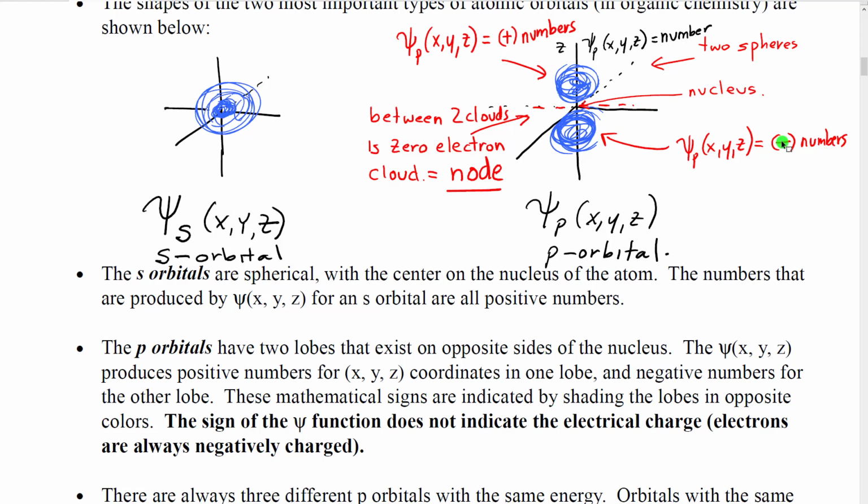In fact, because they're just locations of electrons, they're always negatively charged. The numbers instead just represent mathematically the number we would get if we plugged in x, y, and z. However, the positive and negative values for these things are going to be important when we begin to try to use them to make bonds.